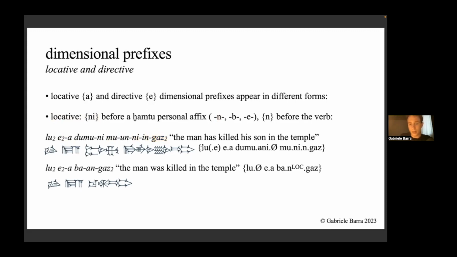So let's see it here. Lu e, the man, e a, in the temple, his son, mu ni n gats. Mu, conjugation prefix; ni, locative, there; n, third person singular, transitive subject; gats, verb.